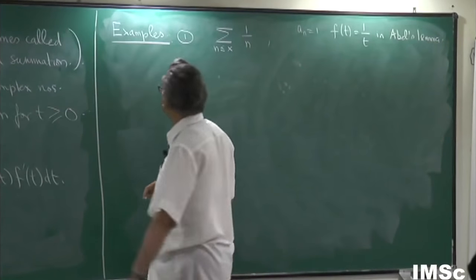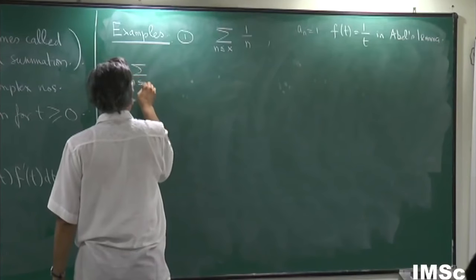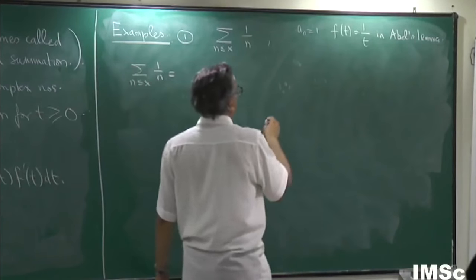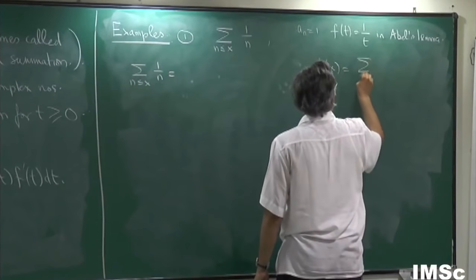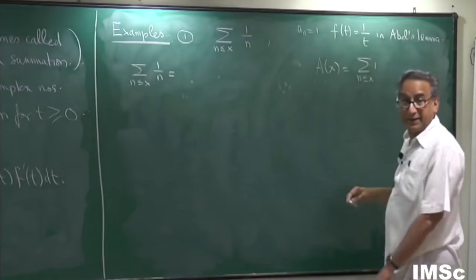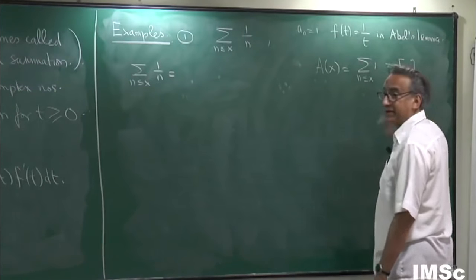Okay? Then what happens? The summation over n less than x of 1 over n is, well, first, what is a of x? A of x is the sum over n less than x of 1. So that's just the greatest integer function, right? Everybody knows about this greatest integer function.